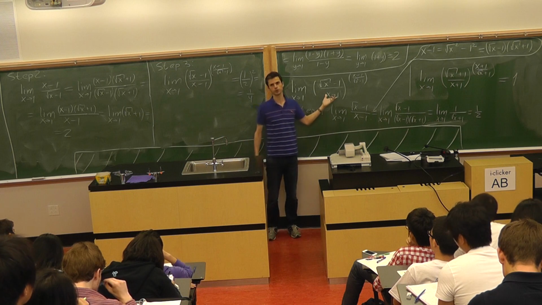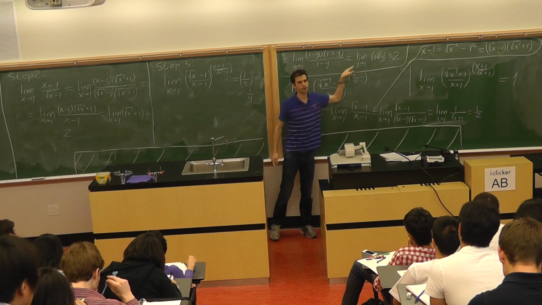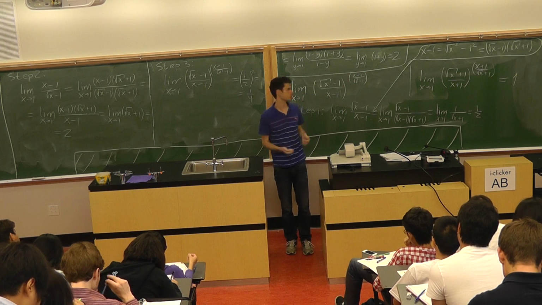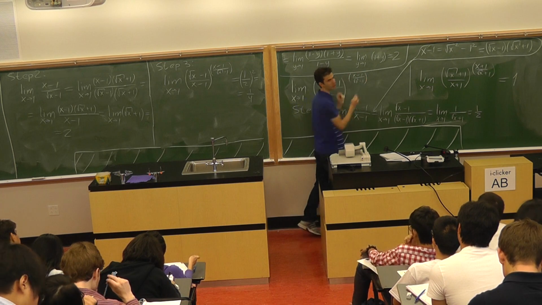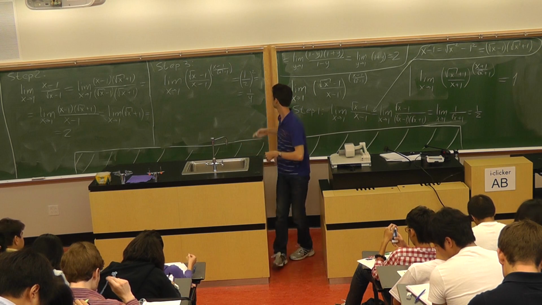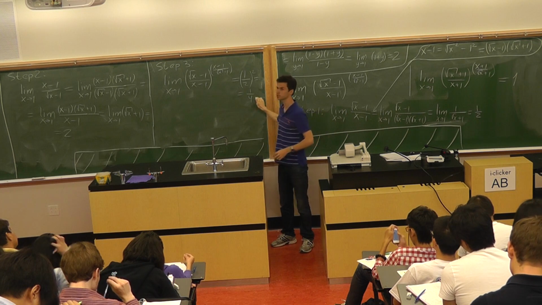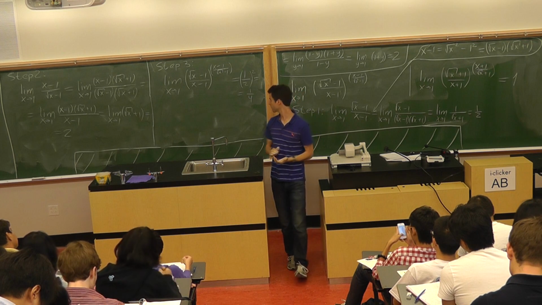And then we argue as follows. This part of the expression is close to 1/2. That part of the expression is close to 2. So if I raise this to that power, I'll get something which is close to 1/2 raised to power 2. So the limit for the whole expression is 1 over 4.